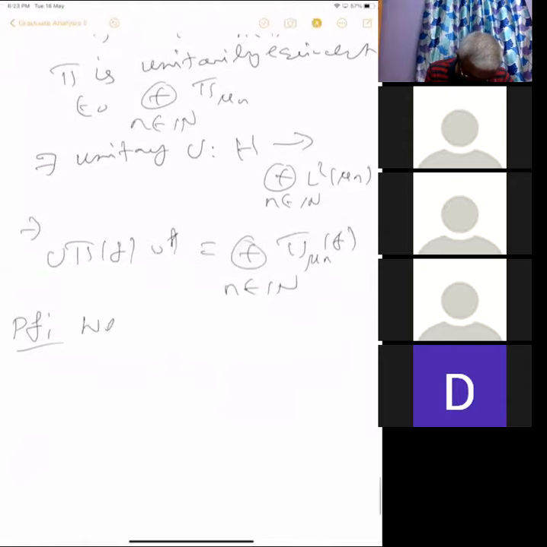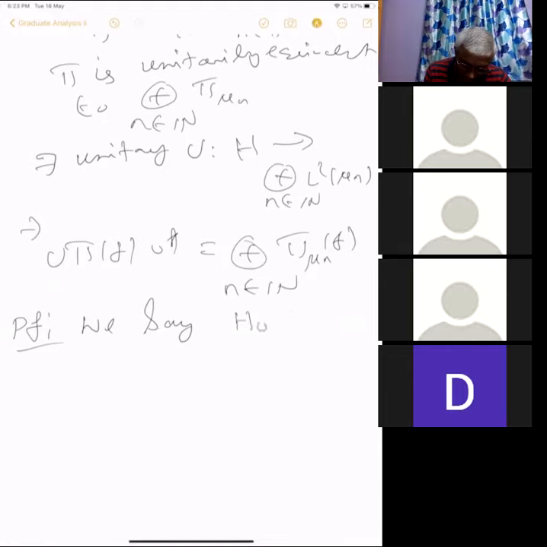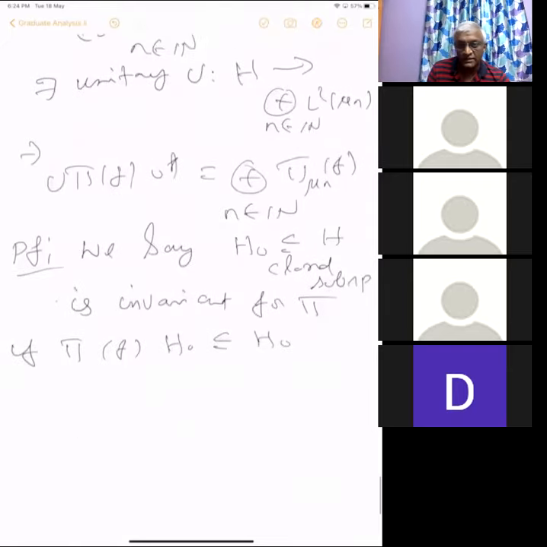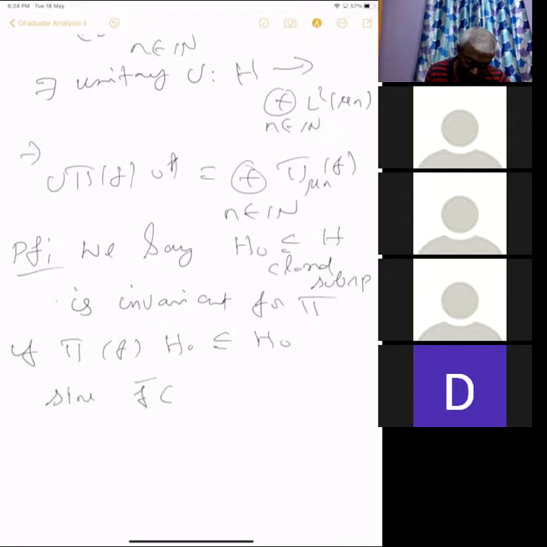So we say the following. H naught contained in H, a closed subspace, is invariant for pi if pi(f) of H naught is contained in H naught, for all f in C(X).